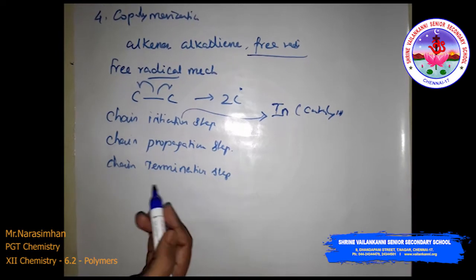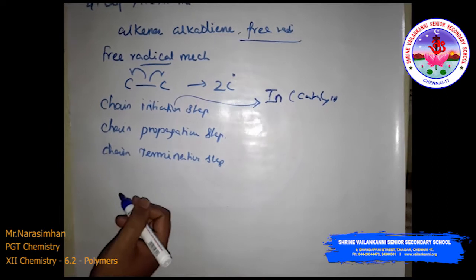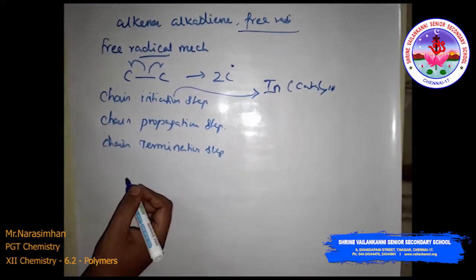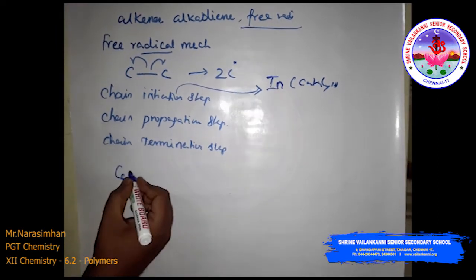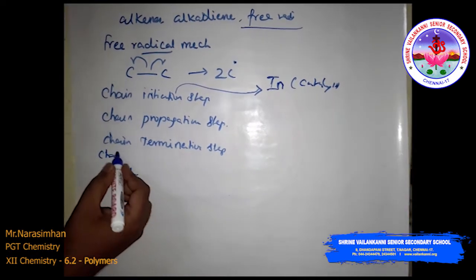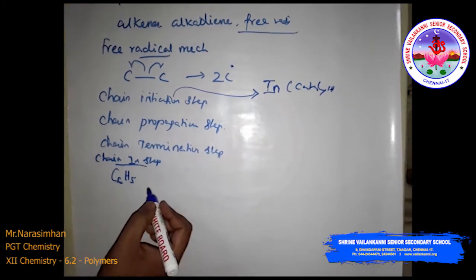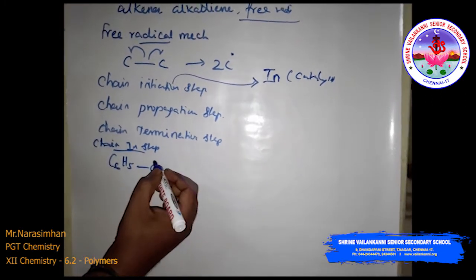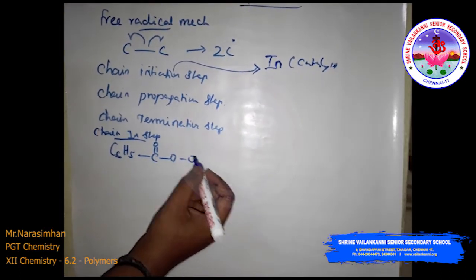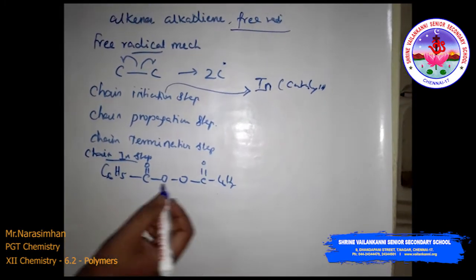So this process starts with the addition of the phenyl free radical formed by the peroxide to the ethene double bond. For example, benzoyl peroxide, C6H5 C double bond O, O, O, C double bond O C6H5.